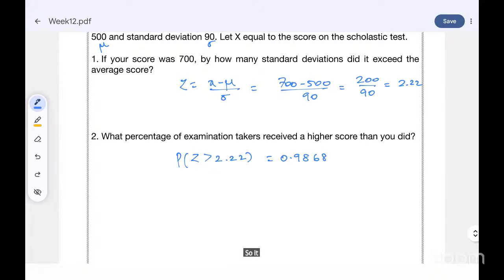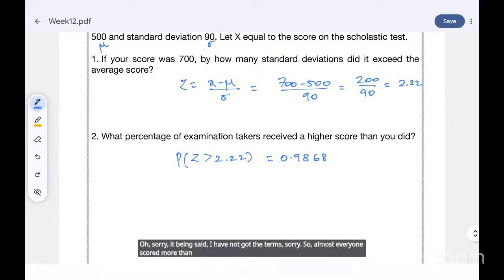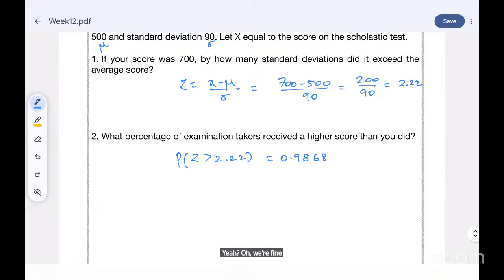So it means I have got almost the top score, right? Sorry, more than 2.22 you are calculating. Oh, sorry. It means I have not got the top score, the other way around. So almost everyone scored more than me. So I am in the bottom row. Yeah. Okay, fine. All right.